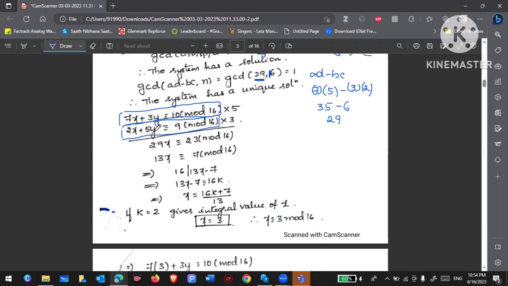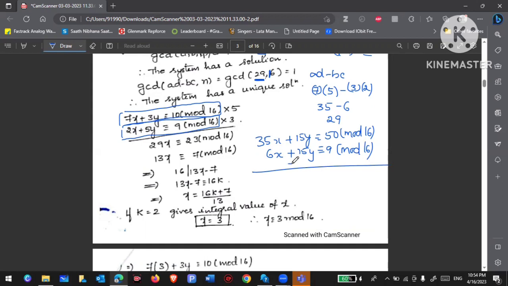Here we have 5, multiply throughout by 3. So the first equation gives 35x plus 15y congruent to 50 mod 16. Multiplying the second equation by 3, we get 6x plus 15y congruent to 27 mod 16.